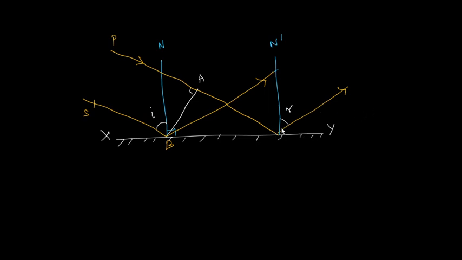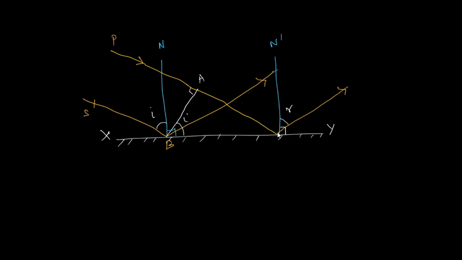So we know this is 90 degree being normal, and here this is NBA and NA, let me say this is I according to the diagram. And R is this much.